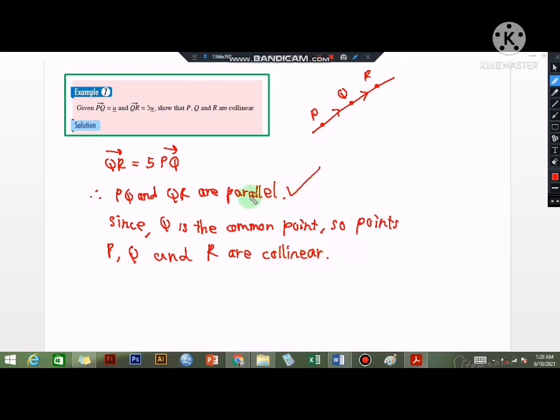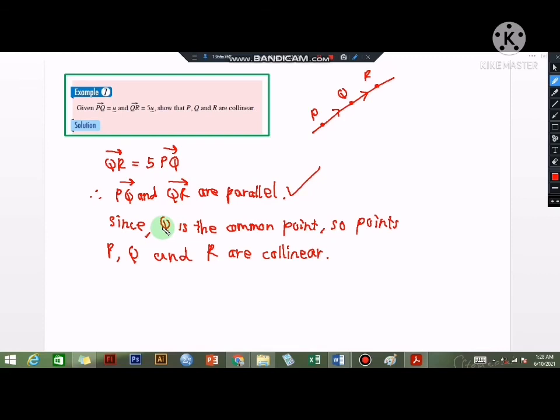For this one, you need to state whether vector PQ and QR are parallel or not. And for collinear, you need to state what the common point is. In this situation, the common point is point Q, because point Q is inside the vector PQ and point Q is also inside the vector QR.